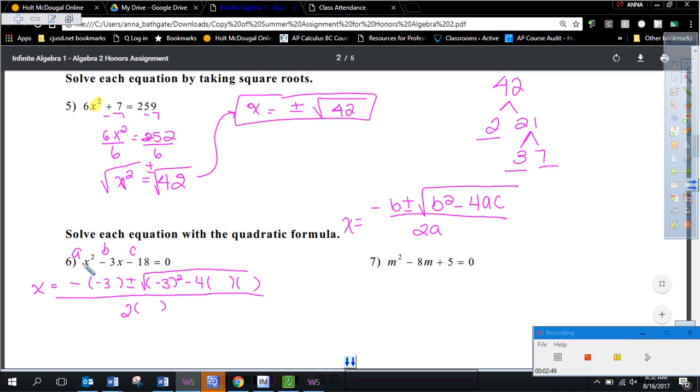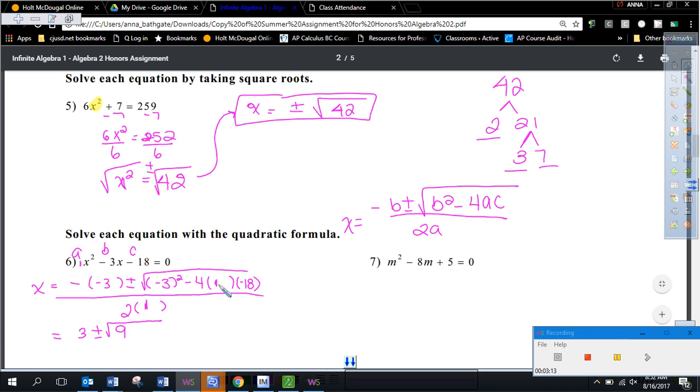4ac. My a, if there's no coefficient here, that is a 1. My c is negative 18. And my a again was 1. Negative negative 3 is positive 3. Plus or minus the square root of negative 3 squared is 9.